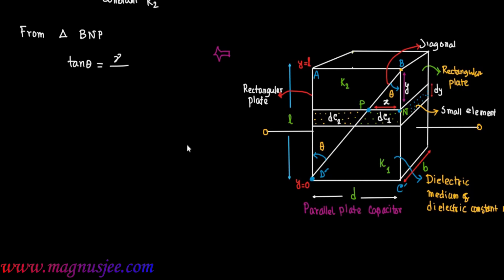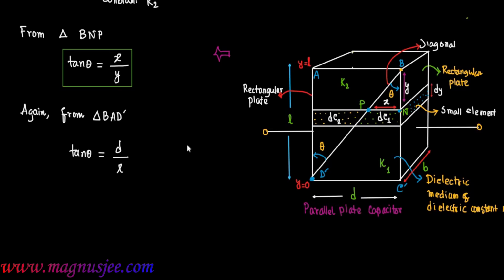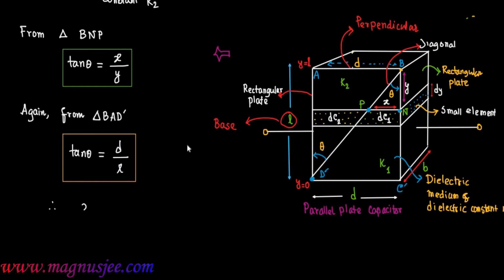From triangle BNP, tan theta is equal to x by y. Again, from the triangle BAD', tan theta is equal to d by L, where d is the distance between the two parallel plates and L is the length, or height, of each plate. d is the perpendicular and L is the base of the triangle BAD' with respect to the angle theta.